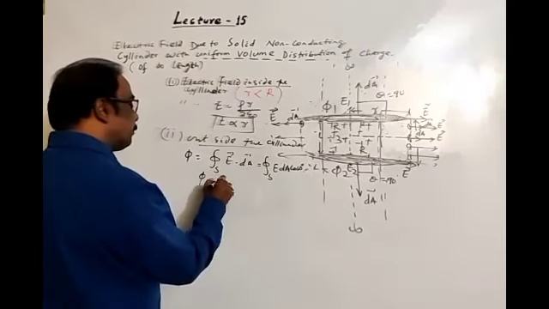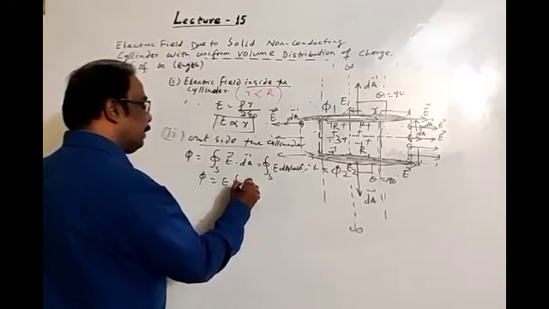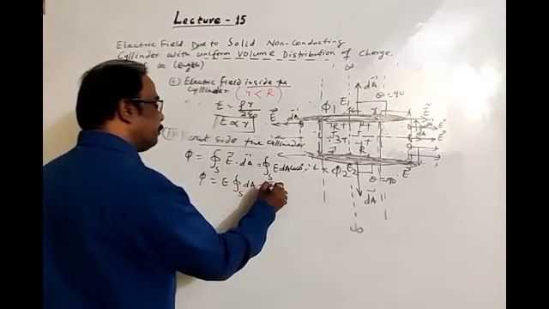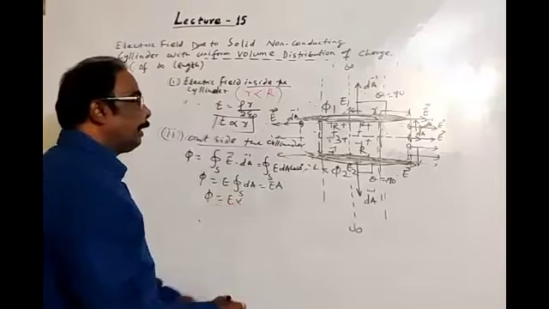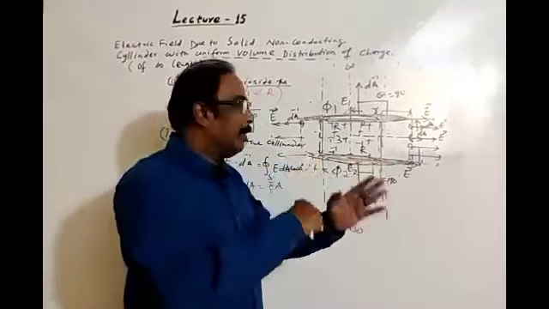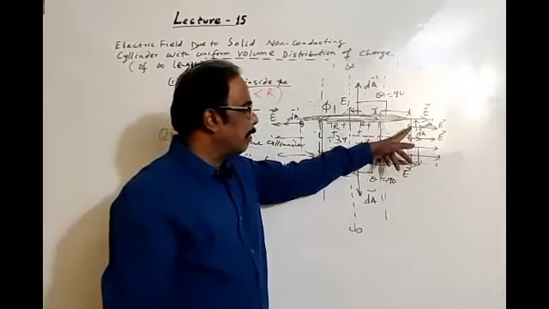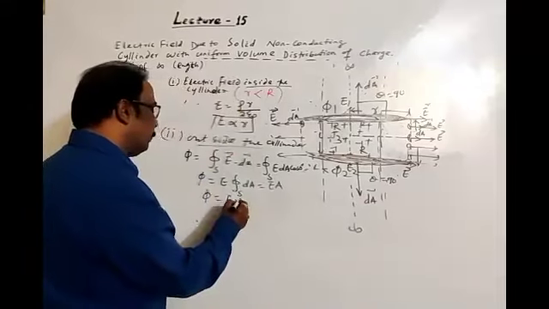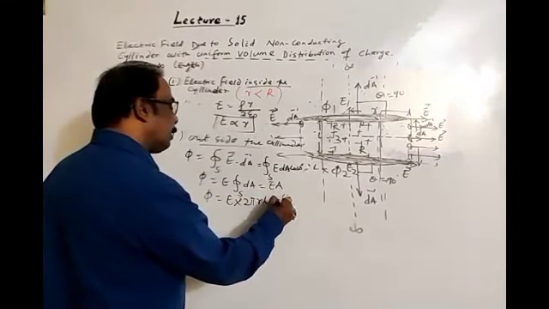Then flux is equal to E times the surface integral of dA, which equals E into A. So flux is equal to E into the curved surface area of the imaginary Gaussian surface. The radius is R and the length is L, so the surface area is 2 pi RL. Equation 1.